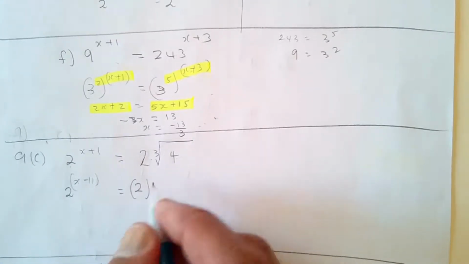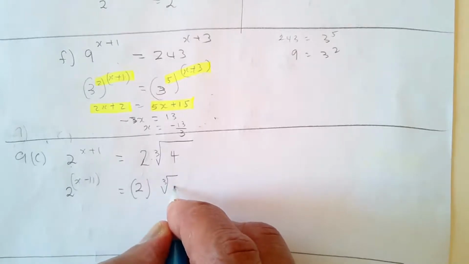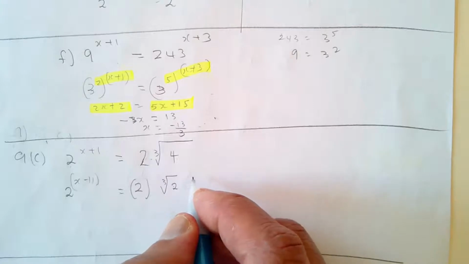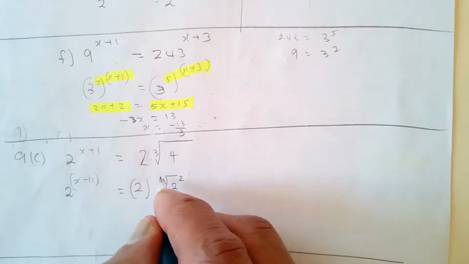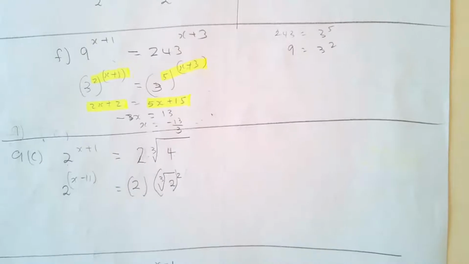I'll separate these two. Two to the power 2. I can write it like that to make it a bit more compact.